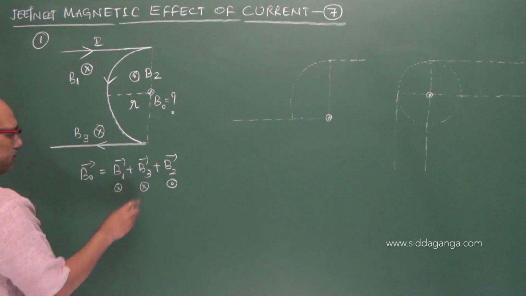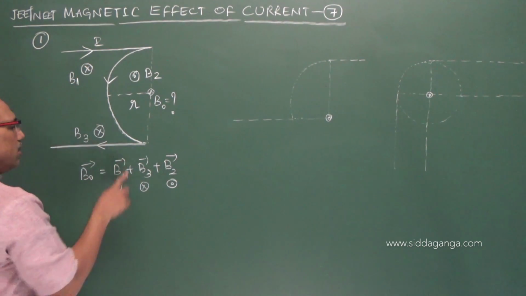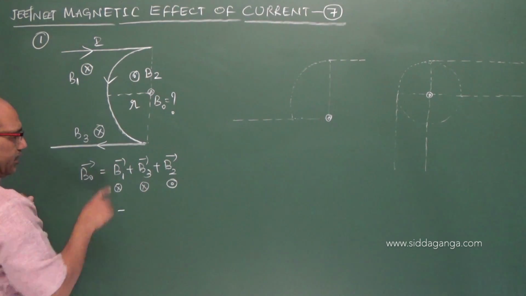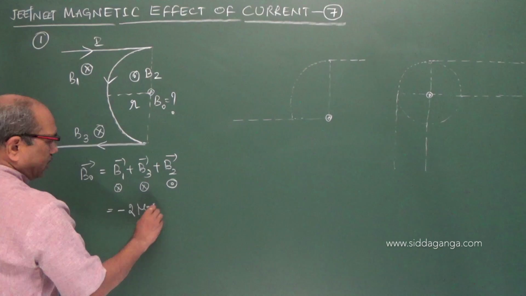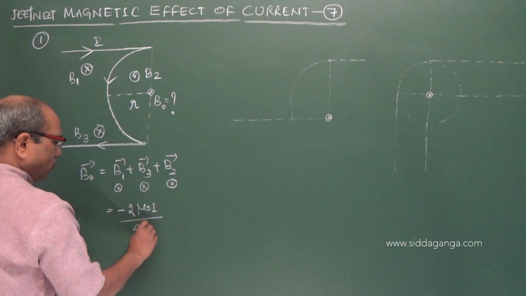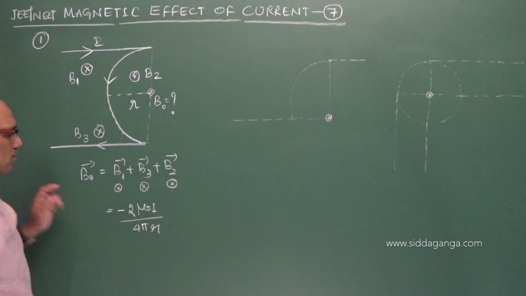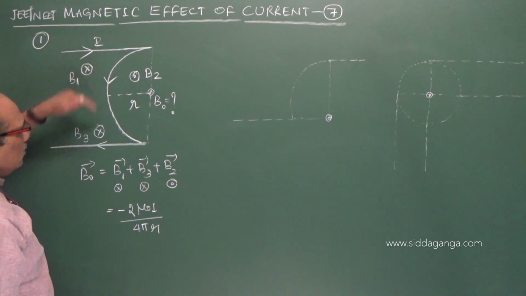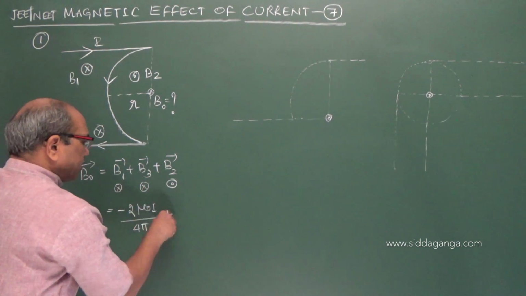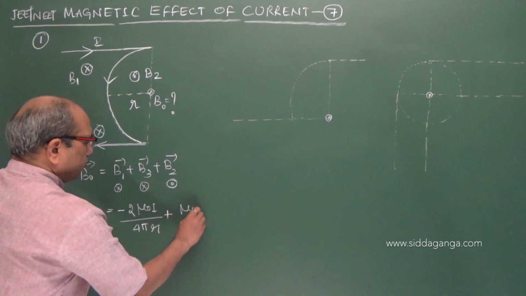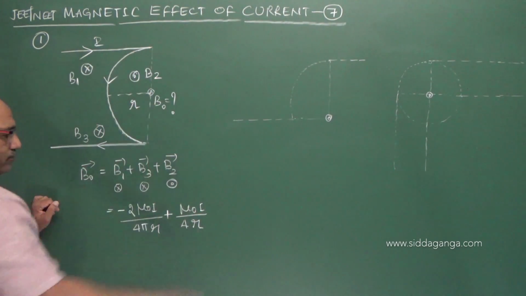For each one it is the same. Because both are added into the board, I assign the sign minus, 2 both together. Mu naught I by 4 pi R, where this distance is R. Mu naught I by 4 pi R for each one. There are two, therefore, but into the board I have taken minus. The plus, out of the board, is mu naught I by 4R for the half circle.